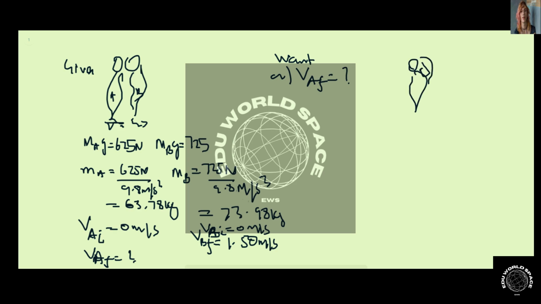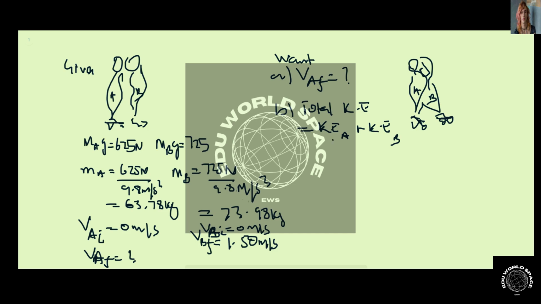So once they make contact, we want to know the final velocity of A. This is still A and this is B. And then the other thing we want to find out is the total kinetic energy. Remember, the total kinetic energy will be the kinetic energy of A plus the kinetic energy of B.